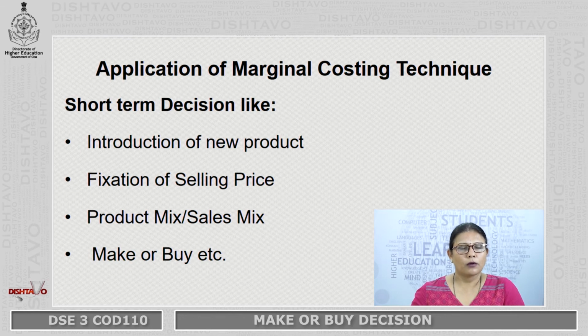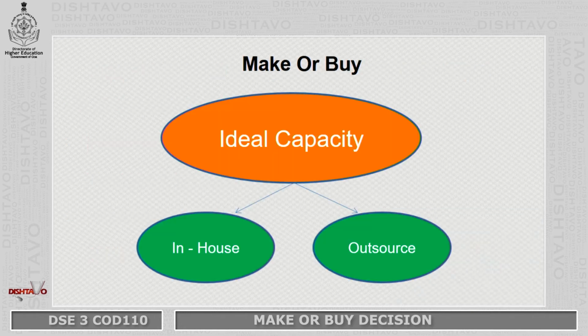Also, what should be the selling price of my product? This type of decision can also be taken with marginal costing. Similarly, what should be my product mix or my sales mix? These are some of the things where marginal costing is applied. But today we are going to restrict ourselves to the decision of making in-house or buying from an outside supplier.